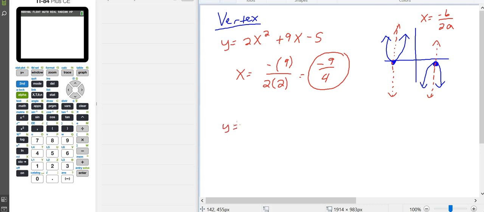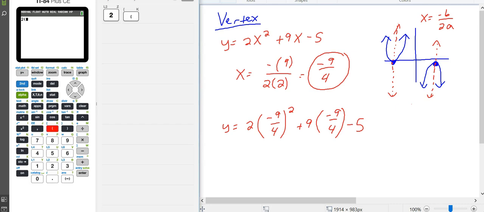So y is equal to 2 times -9 over 4 squared, plus 9 times -9 over 4, minus 5. Now the easiest way to do this would just be to punch the whole string into your calculator.